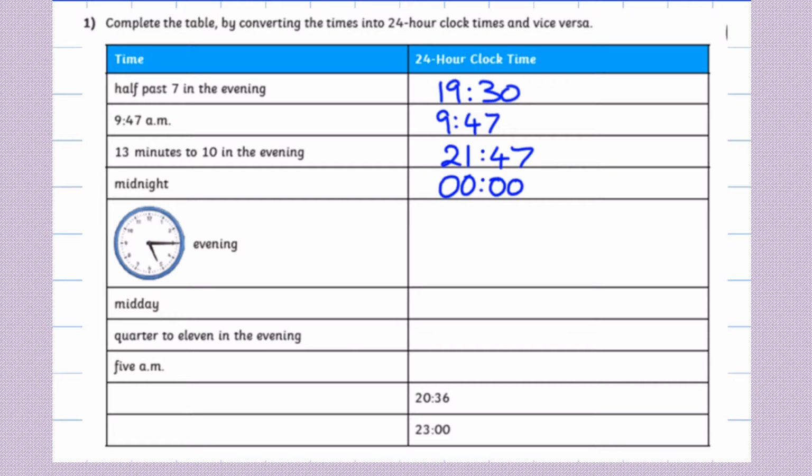5:15 in the evening, well, 5 o'clock will be 17, and 5:15 will be 15 minutes past.